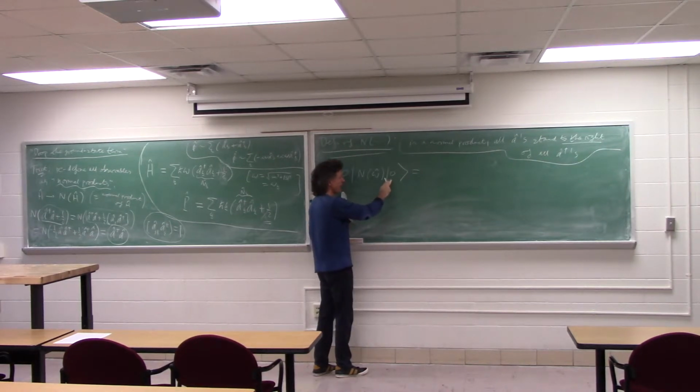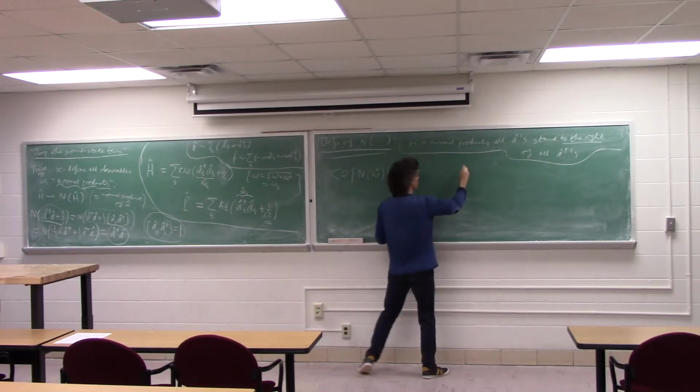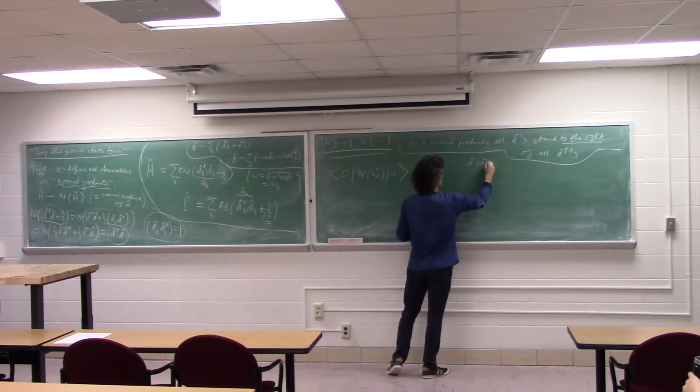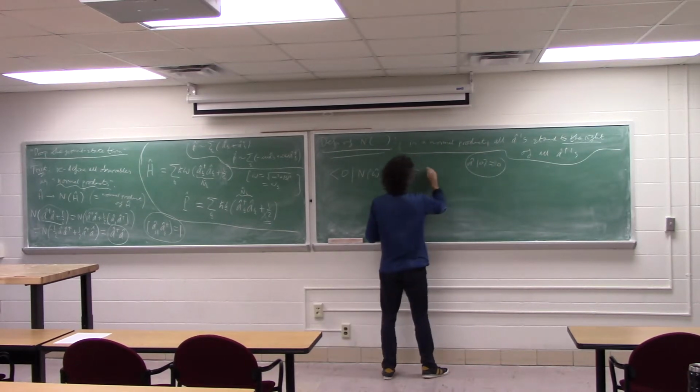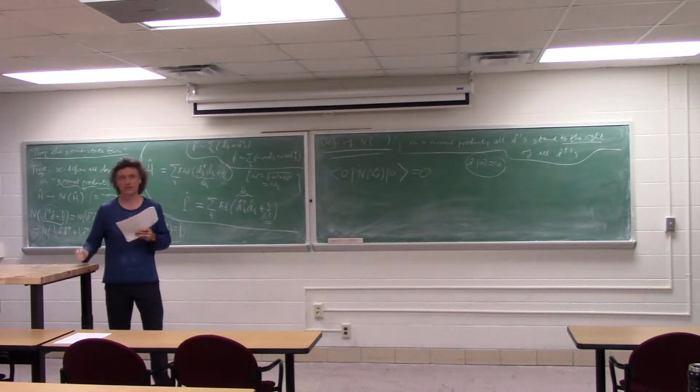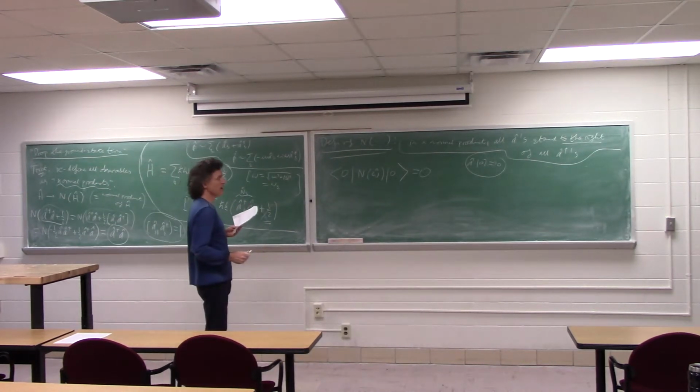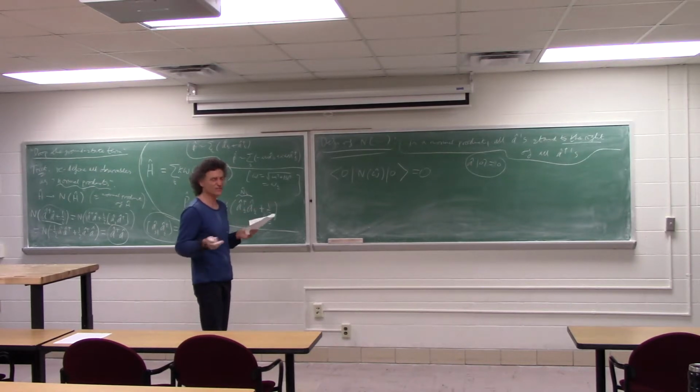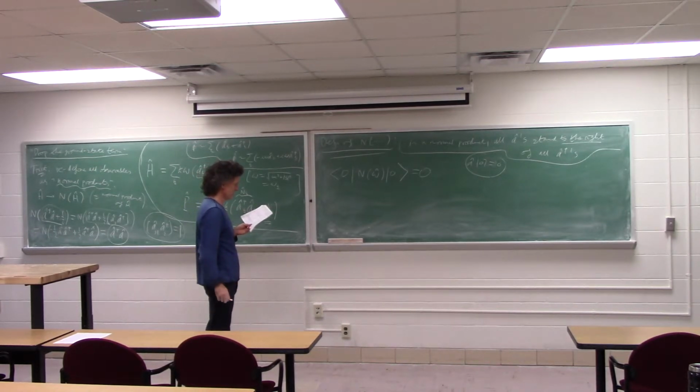So the A's will act first on the vacuum, and remember that A annihilates the vacuum. And so I will get 0. So any expectation value in the vacuum of a normally ordered quantity is 0. So we get rid of these infinite vacuum quantities.